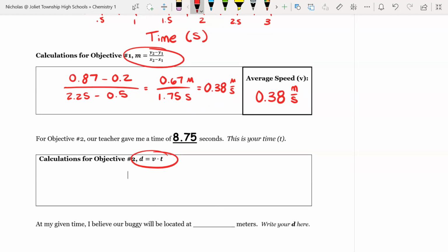Distance is going to be equal to velocity times time. So I'm going to go ahead and plug this in. My velocity is the average speed that we calculated up here, so 0.38 meters per second. And I'm going to multiply that by the time, which is 8.75 seconds.